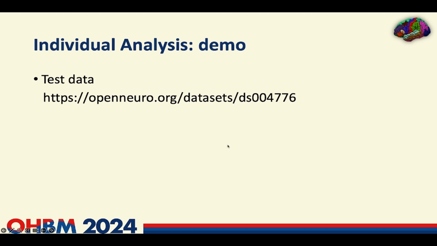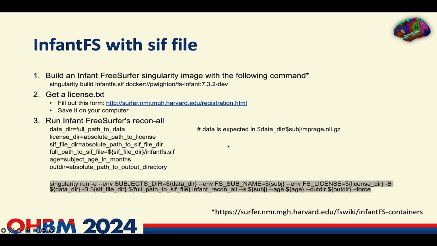We have a BIDSified 18-month-old subject uploaded to OpenNeuro, so you can download this data set if you don't have access to other infant data sets, and you can play around with it in your visualization tool of interest.